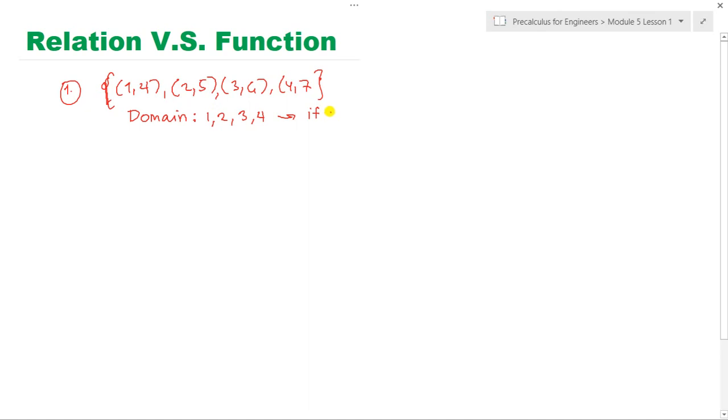If there is at least one number that repeats, then our judgment is not a function. So it is not a function, class, if there is a certain value of our domain that repeats twice or thrice or more. And if non-repeating, if no variable is repeated, then that is a function.